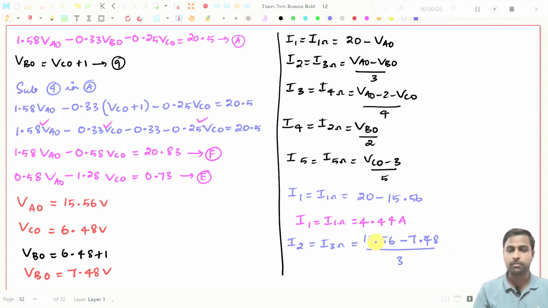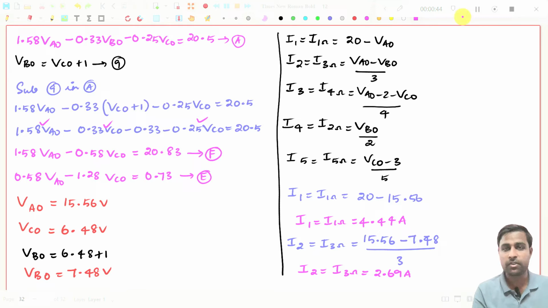So if I simplify this, I am getting I2, which is equal to I through 3 ohms, 2.69 amperes.